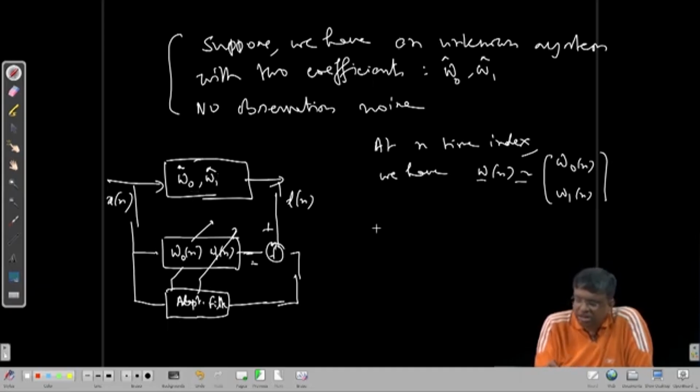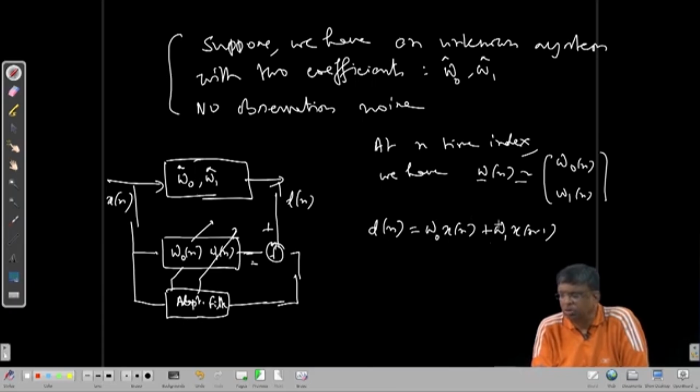So I know in general the system output dn will be some general W0 xn plus W1 xn minus 1, where W0 and W1 could be W0 cap and W1 cap also, but this is an equation with two unknowns. Therefore, there are infinite solutions, of which one could be the optimal one, but I do not know these optimal ones. I know input and output can be modeled like this, because it is a two coefficient FIR filter system. So output will be in terms of input given by this, where W0 and W1 are the general filter coefficients.